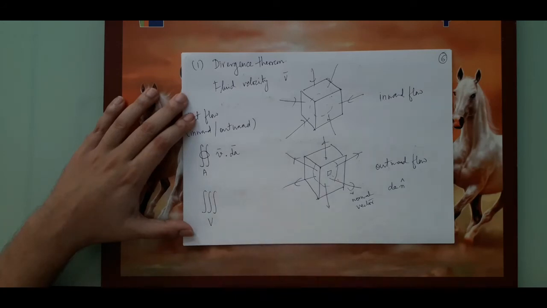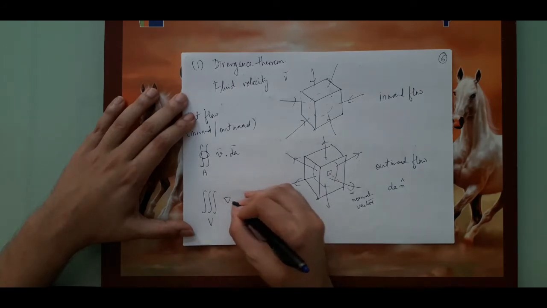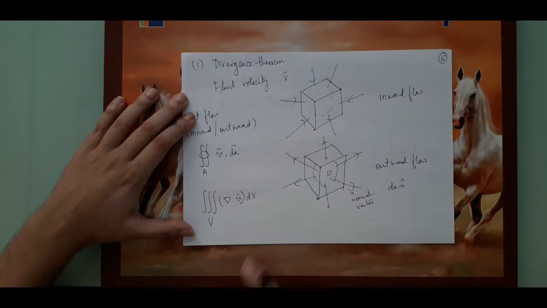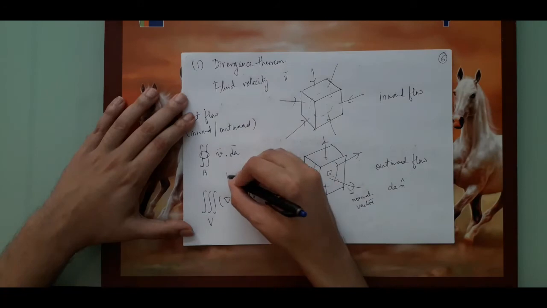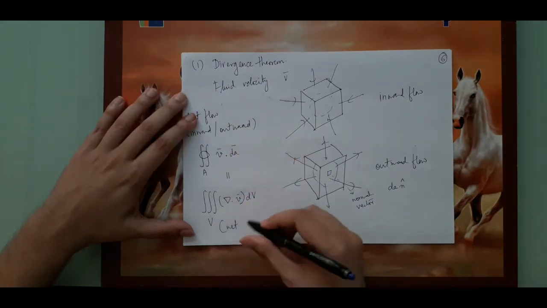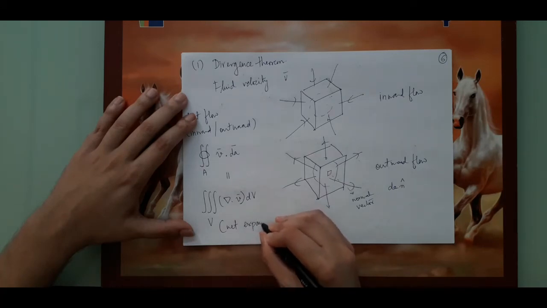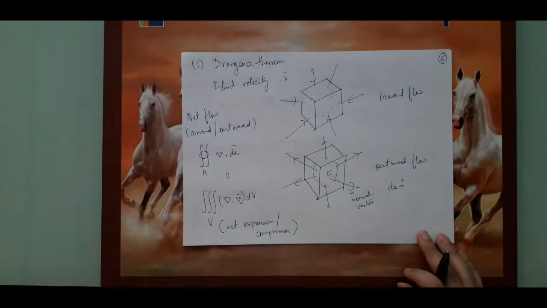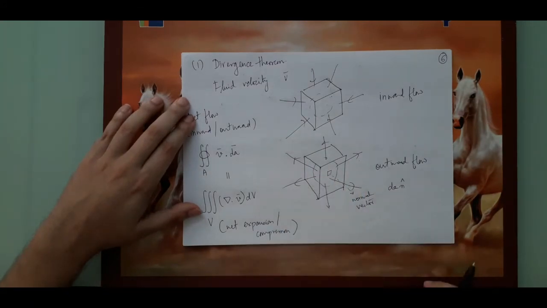This is over the whole volume. So the divergence of the velocity vector, which is the triple integral over the unit volume element, these two have to be equal, because this is the flow and this indicates net expansion or compression. The divergence theorem was proposed by none other than Gauss.